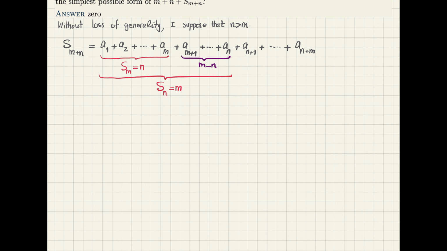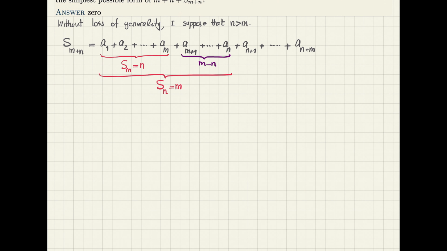But there is a very nice property of arithmetic progression. The arithmetic progression, so let me write it here with my different color. If m, n, p, and q are natural numbers such that m plus n is equal to p plus q, then for any arithmetic progression you can write a sub m plus a sub n is equal to a sub p plus a sub q.